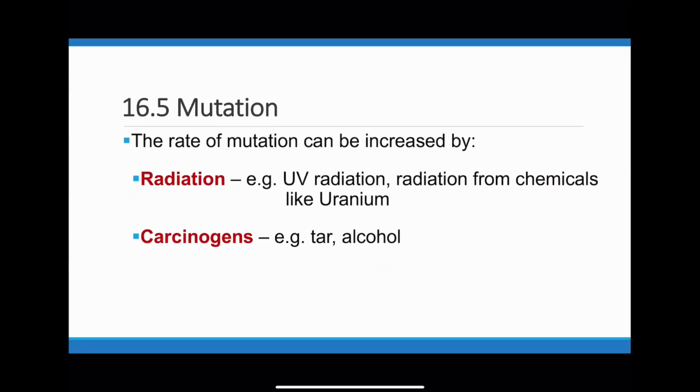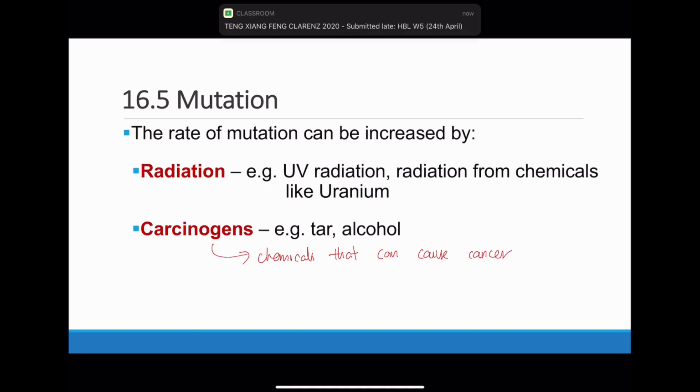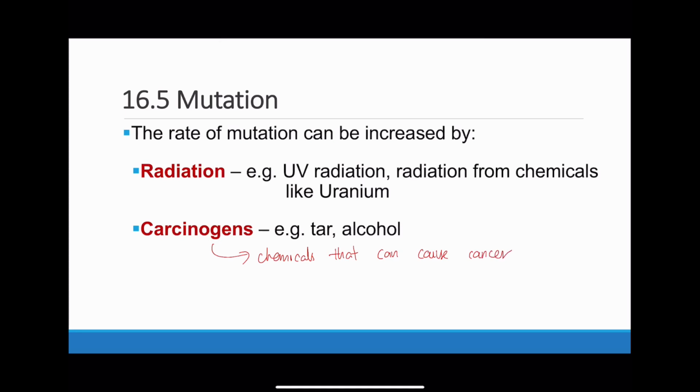The rate of mutation can be increased by what we call radiation or carcinogens. If you recall from the previous chapter, carcinogens refers to chemicals that can cause cancer. But do take note that in this concept, we are looking at mutation. Mutation need not be the same as cancer growth.